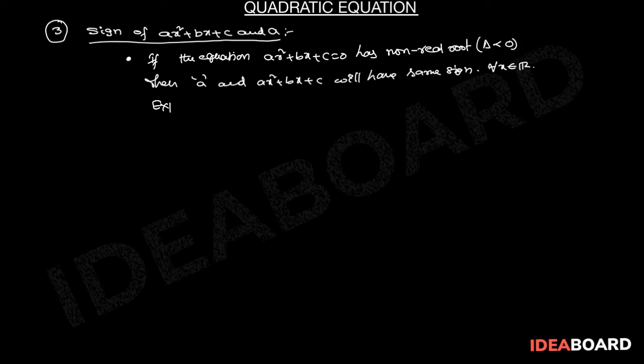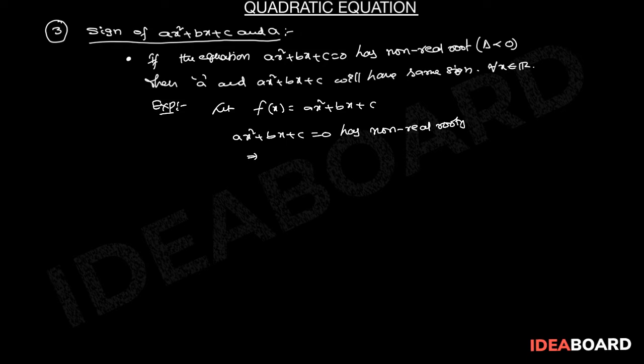Explanation. Let f of x equal to ax square plus bx plus c, given ax square plus bx plus c equal to 0 has non-real roots. That means delta less than 0. Case 1, a is greater than 0. This is an upwards parabola, the curve does not meet the x-axis.